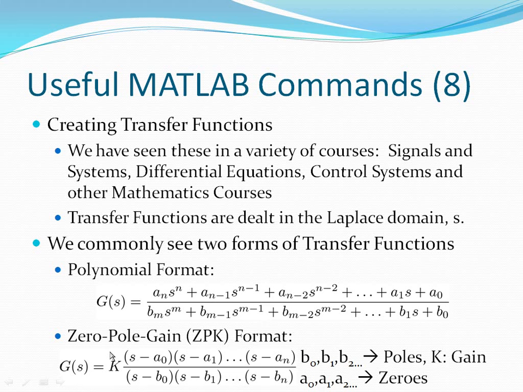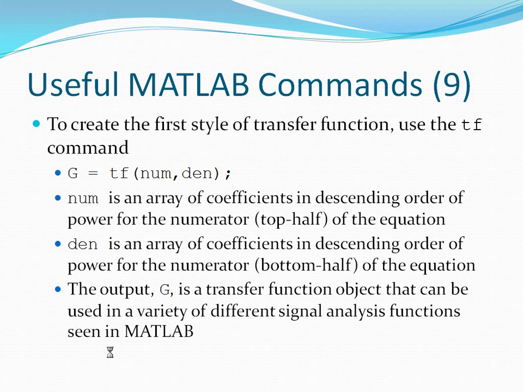So to create the first style of transfer function, you basically use the tf command. What the tf command does is that it creates a transfer function object that will be in polynomial form for you. How this works is that you supply two arrays of coefficients. The first array is the numerator, and you specify the coefficients in descending order from the highest power down to the lowest power.